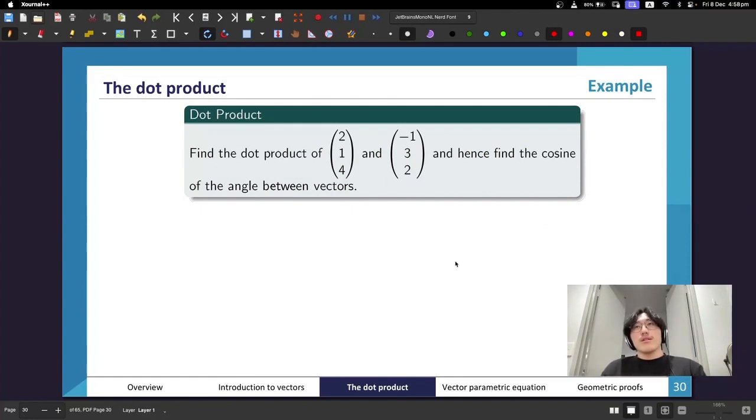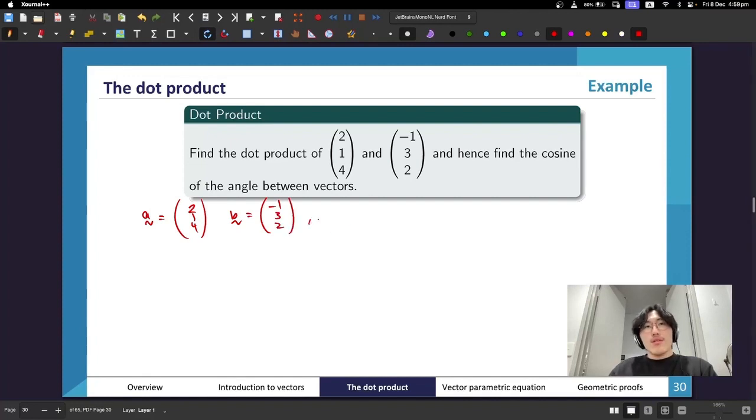Okay. Example question. Find the dot product of (2, 1, 4) and (negative 1, 3, 2), and hence find the cosine of the angle between the vectors. Okay. Again, keeping our solutions clean, let us define two vectors, a and b, in third dimension.